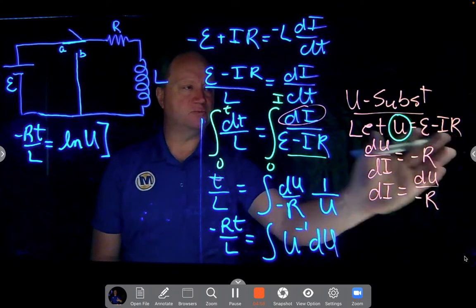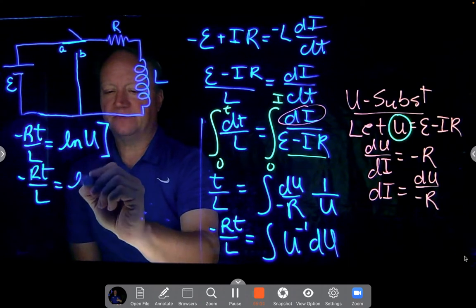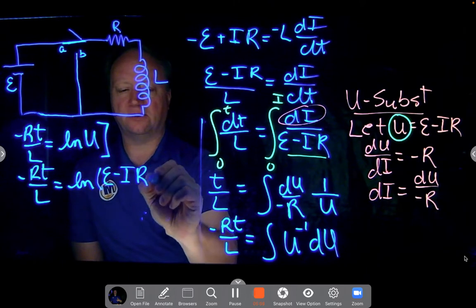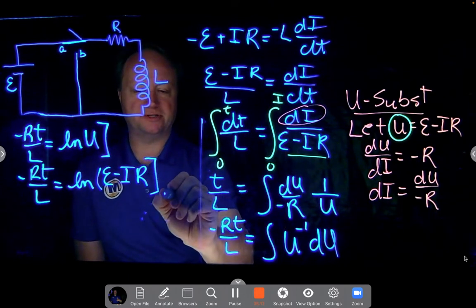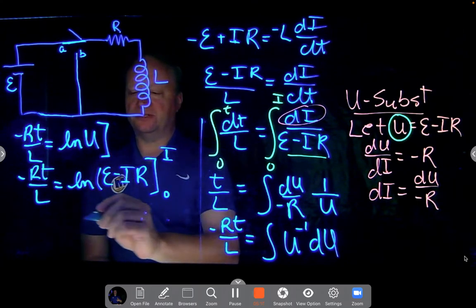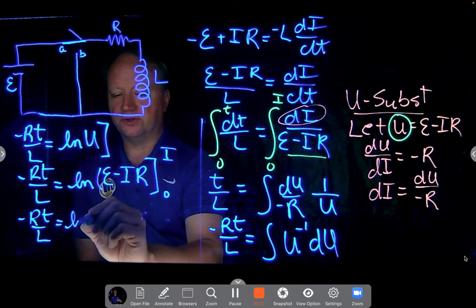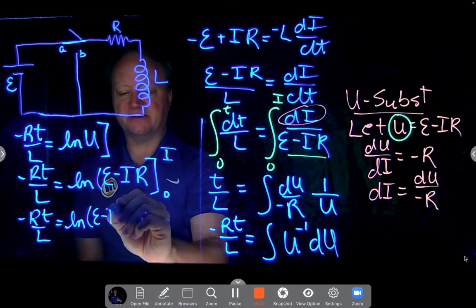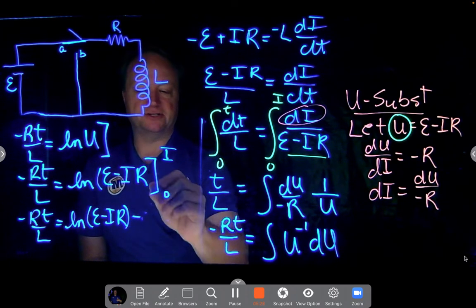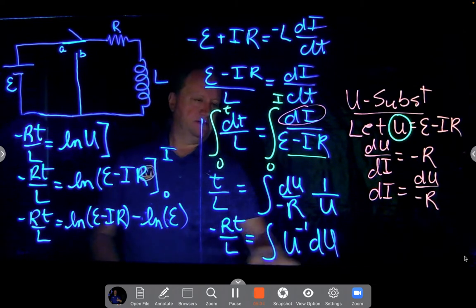Now putting back in what u was, this is negative Rt over L is equal to the natural log of EMF minus IR, back to our original endpoints of integration, 0 to I. So plugging in our endpoints, negative Rt over L is equal to natural log of EMF minus I times R, minus, when you've got a 0 in there, the natural log of EMF.